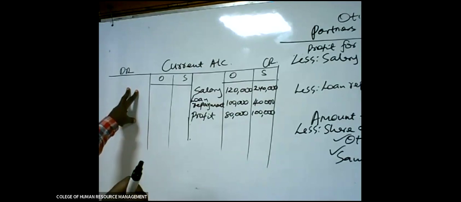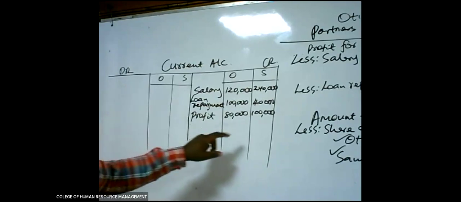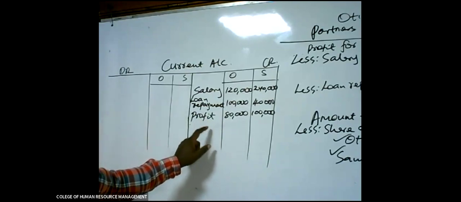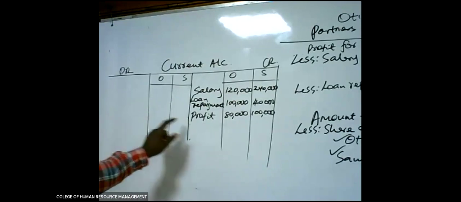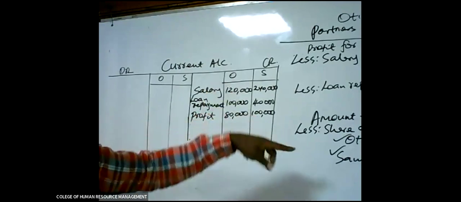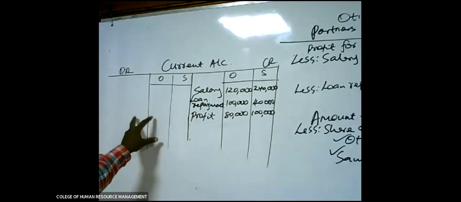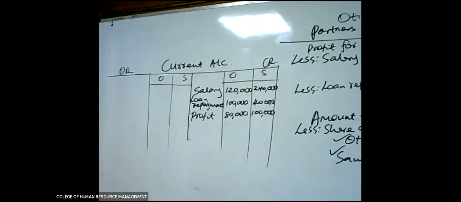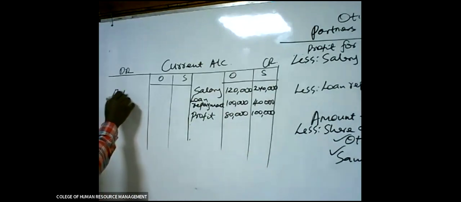And if they were sharing a loss, it could have come here. But if it is a share of profit, it is a gain. If it is a loss, the partners have to bring back to the business an amount equivalent to their share of the losses. But in this question, we did not have anything to be debited. No drawings, no interest on drawings, no loss. So we don't debit anything, so we just balance.